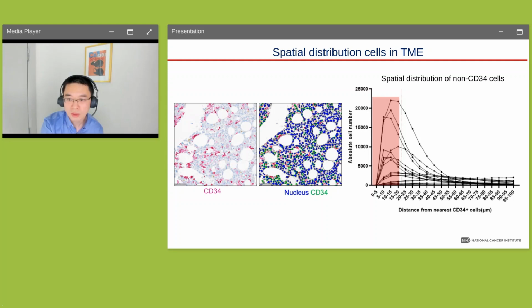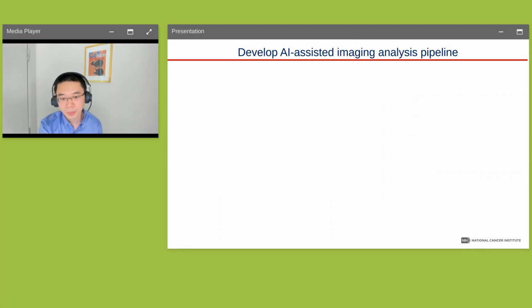So in this initial study, we decided to define the nearby cells by a distance of 20 microns. Then we need to use the imaging-based pipeline to identify those cells.